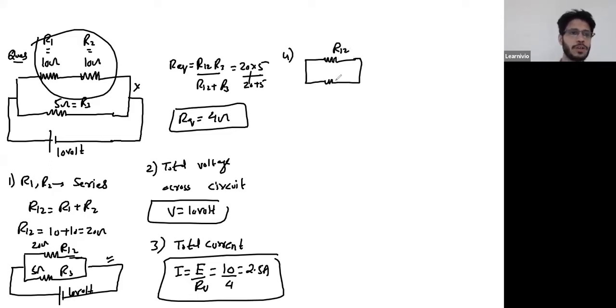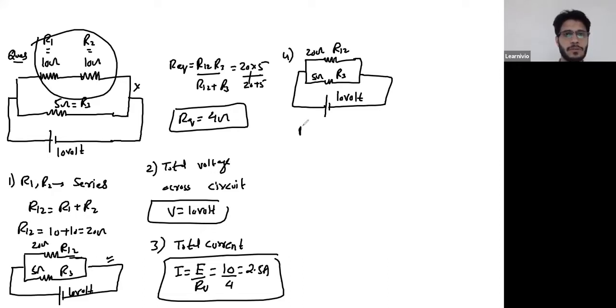So for individual current and voltage, I'm solving this circuit. This is R12, this is R3, this is 20 ohm, this is 5 ohm, and you have a cell of 10. So Afroza, can you guess the voltage across R12 and R3 in this circuit? They are equal. Equal to what?